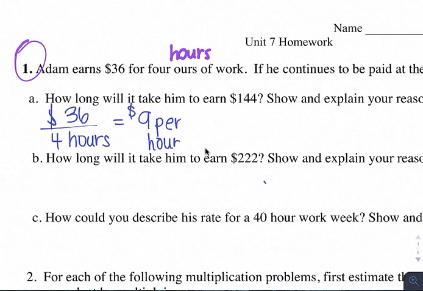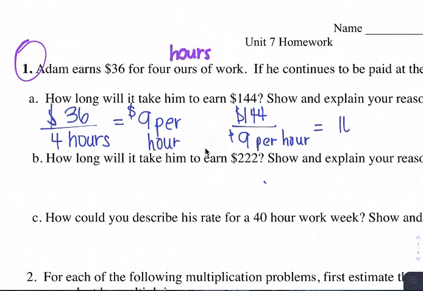So now we can figure out if it's $144 and he gets paid $9 per hour. If we take 144 and divide it by 9, we get 16, and that is our hours.